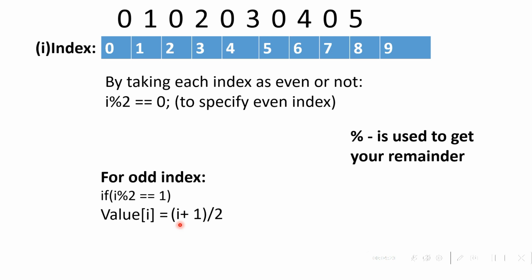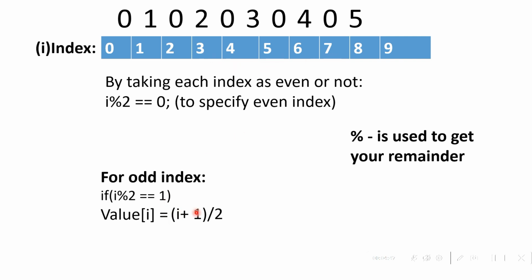So what I am trying to tell is that you can write it like this: (i + 1) / 2. When you apply values to this syntax, consider i is 3. 3 + 1 is 4, and 4 by 2 is 2. So your value has been acquired.